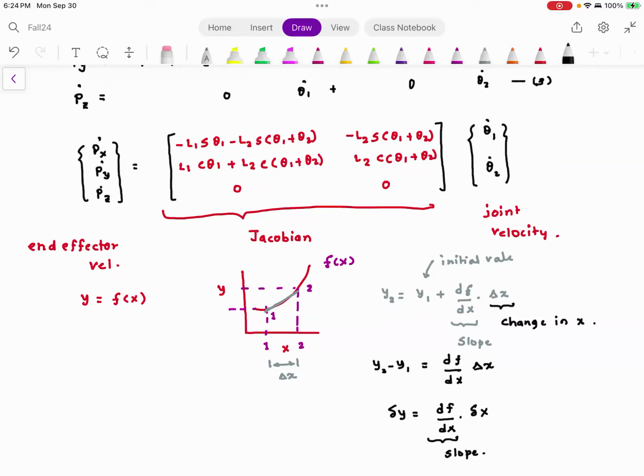Everyone understood this? Now please note that for this function f of x, there is only one independent variable. This is the independent variable, and this is the dependent variable. That's why when I take a derivative, it is the complete derivative.